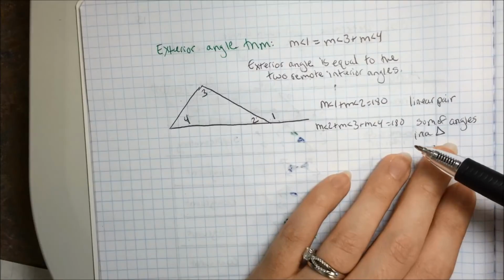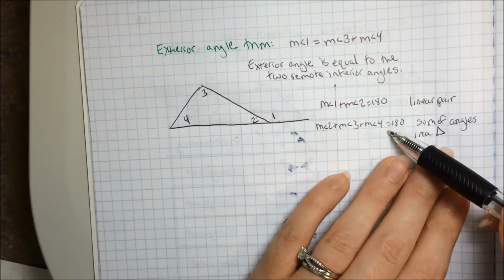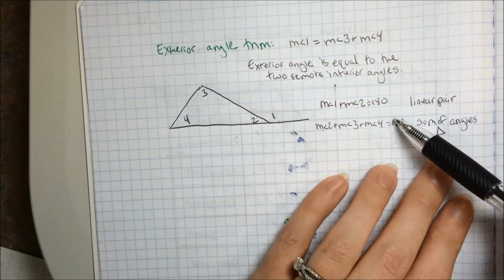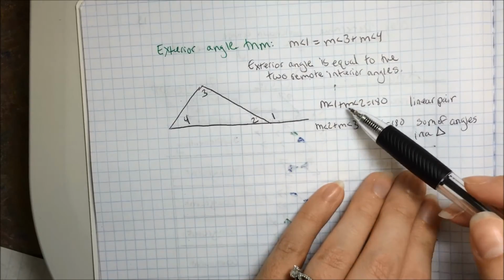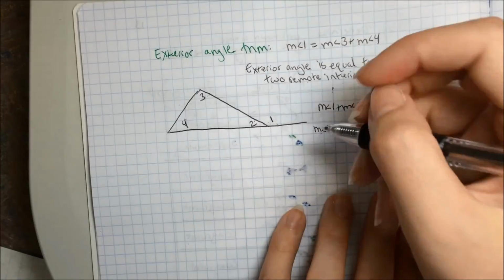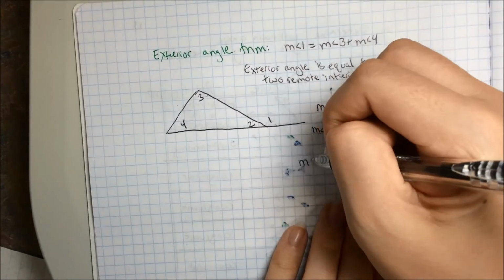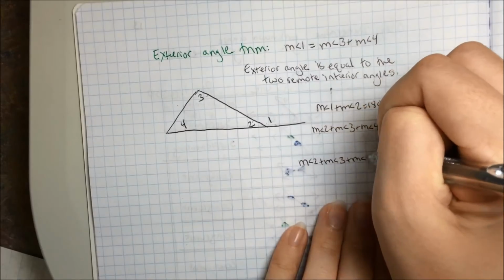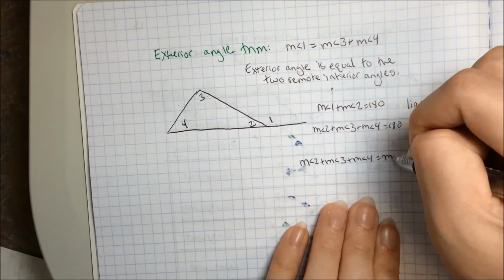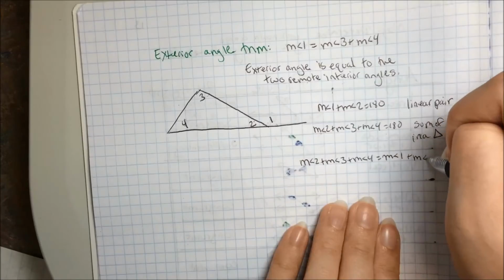So now I have two things that are both equal to 180. So I can replace the 180 in this equation with the measure of angle 1 and angle 2, because the measure of angle 1 and angle 2 is 180. So the measure of angle 2 plus the measure of angle 3 plus the measure of angle 4 equals the measure of angle 1 plus the measure of angle 2.